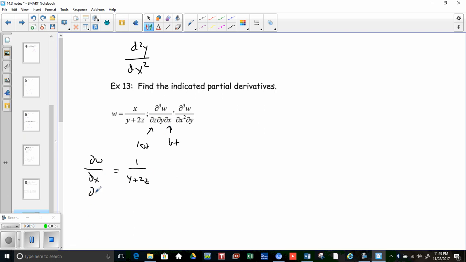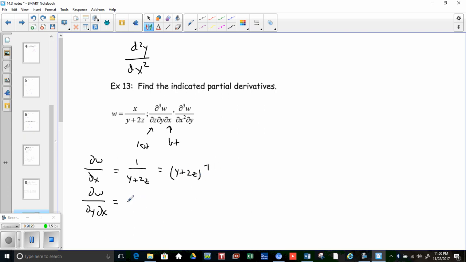So now we want the partial of w with respect to x and then y. So now we're going to take the derivative of this thing with respect to y. But remember, you could rewrite this as y plus 2z to the negative 1 power.